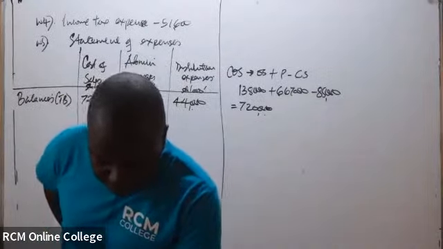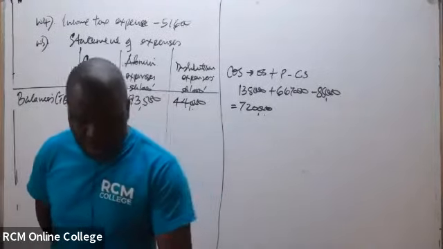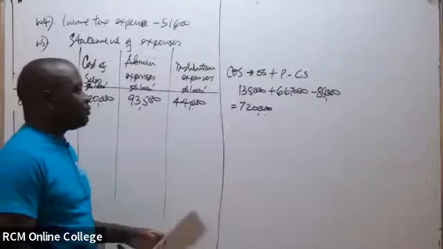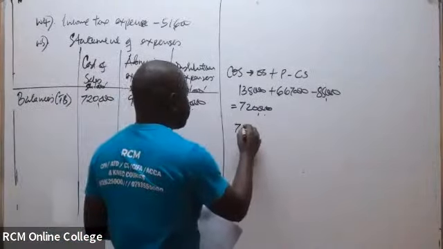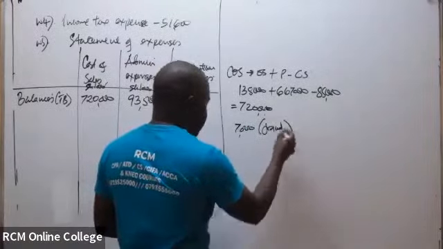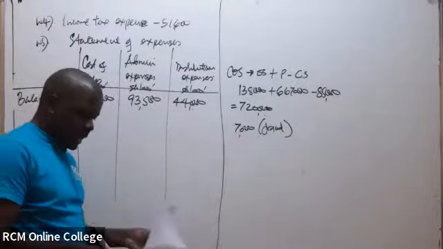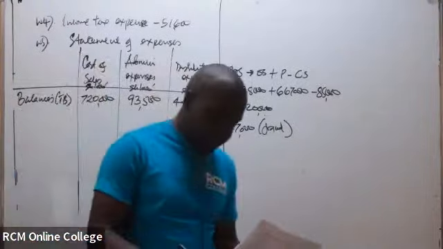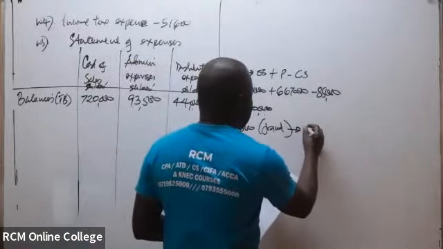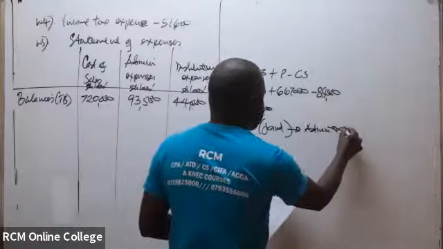And then in this case, if you look at what you had computed as working number three, there was that amount involving 7 million, which was a fraud by, is it the financial controller? And of course, I advised that this one will go under admin expenses for this particular year.